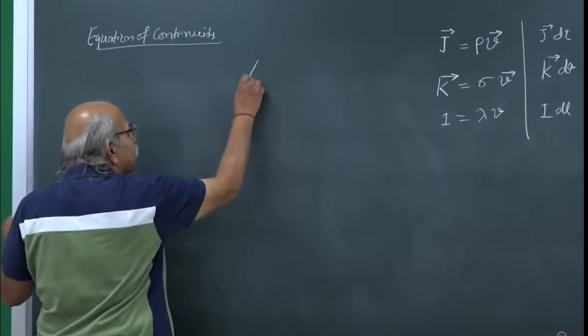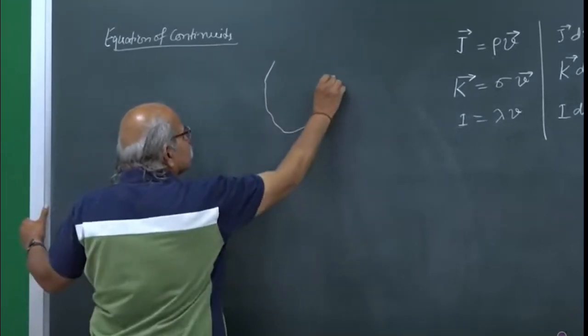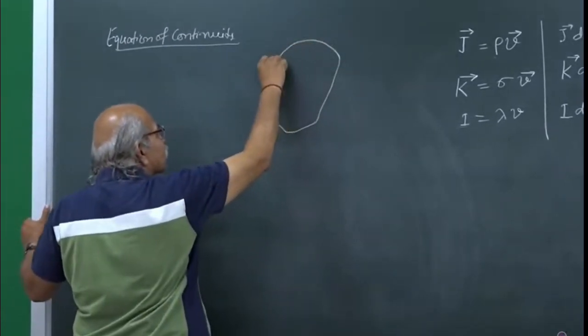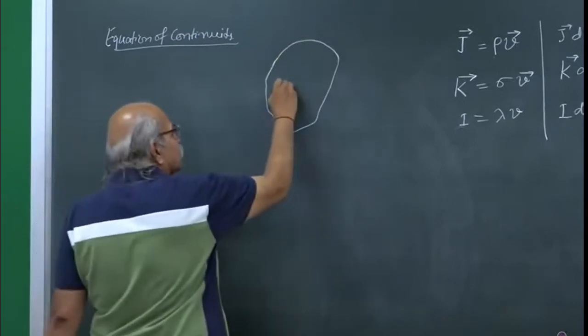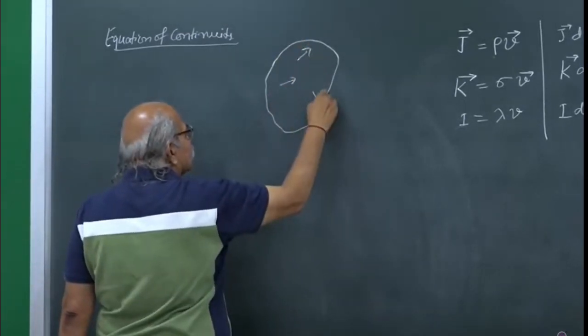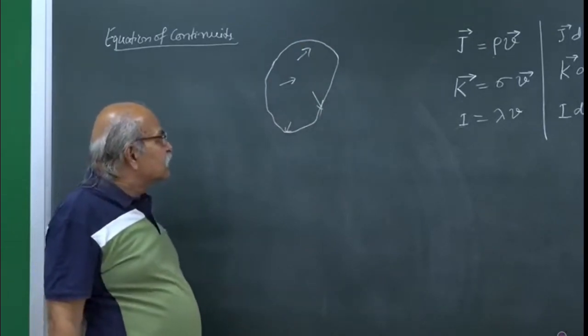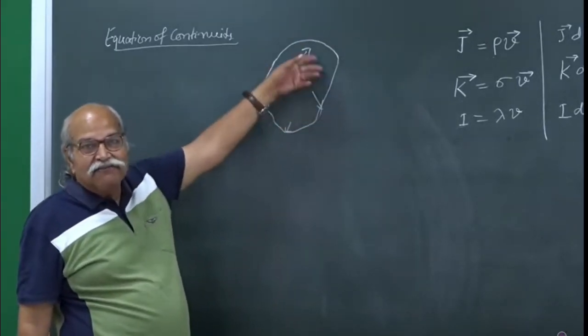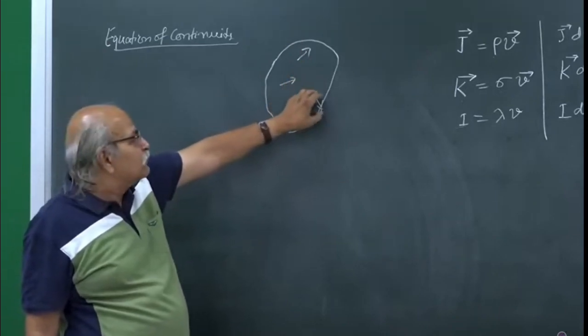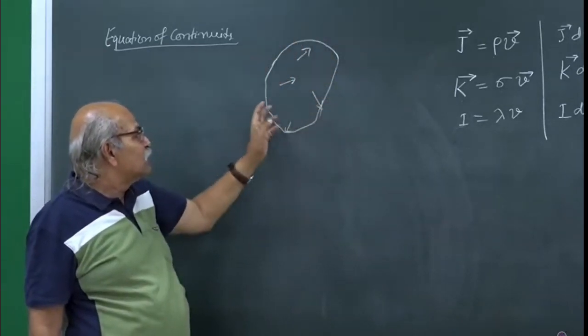So essentially, if we have some volume, suppose there is a volume, and then there are charges moving in maybe different velocities in different directions, crossing the surface of this volume from here, from here, from here, from here, and so on.